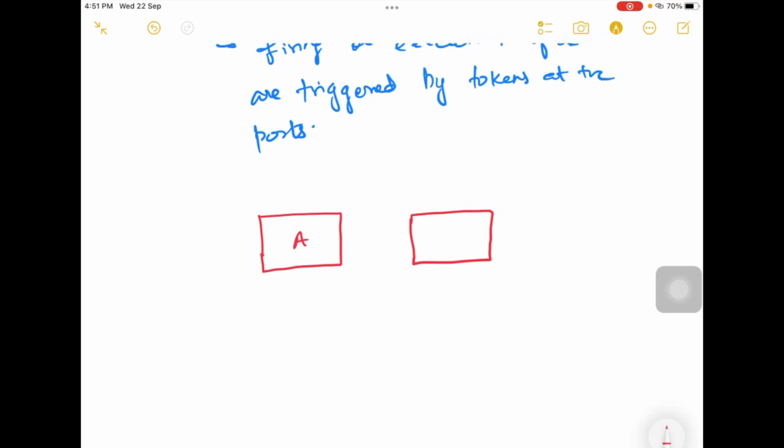Assume there are two actors, A and B, and tokens M and N. A and B are actors; M and N are tokens.